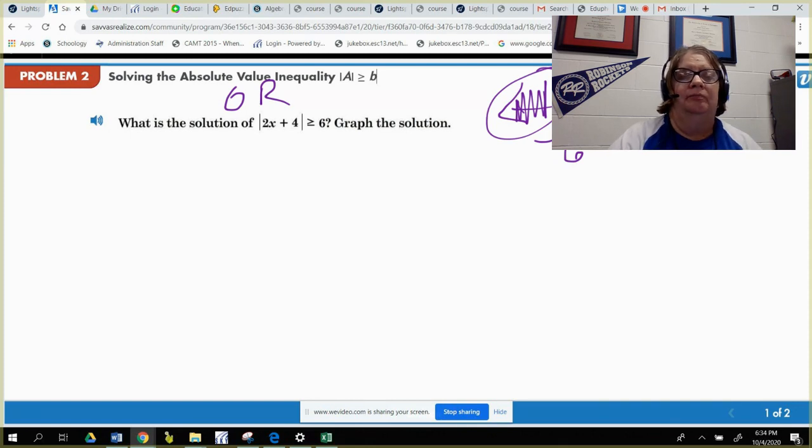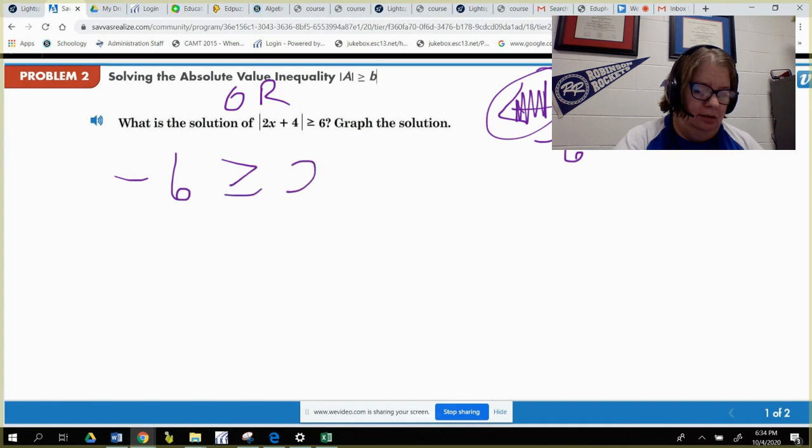All right. When we solve this one, we can do it the same way. Now, what would we do? Subtract the 4.